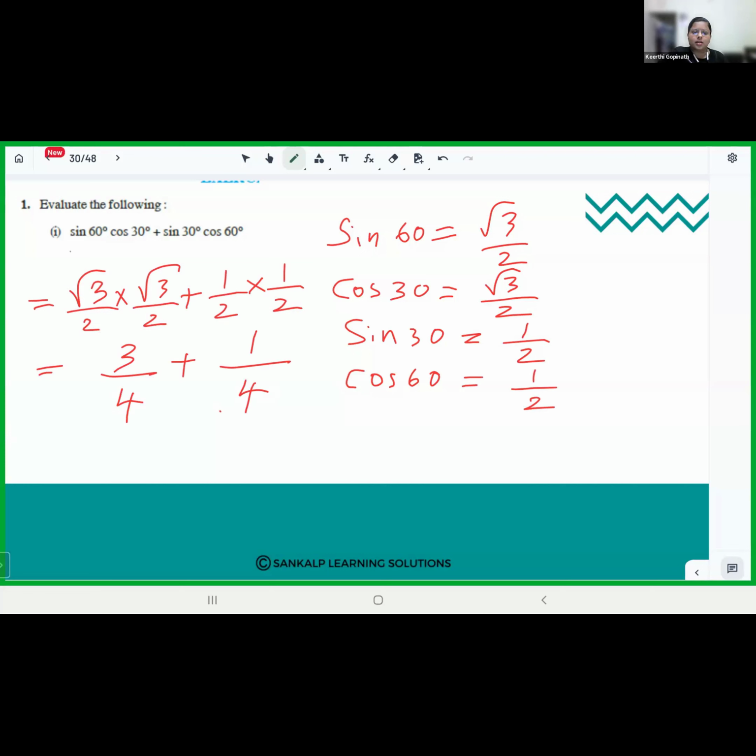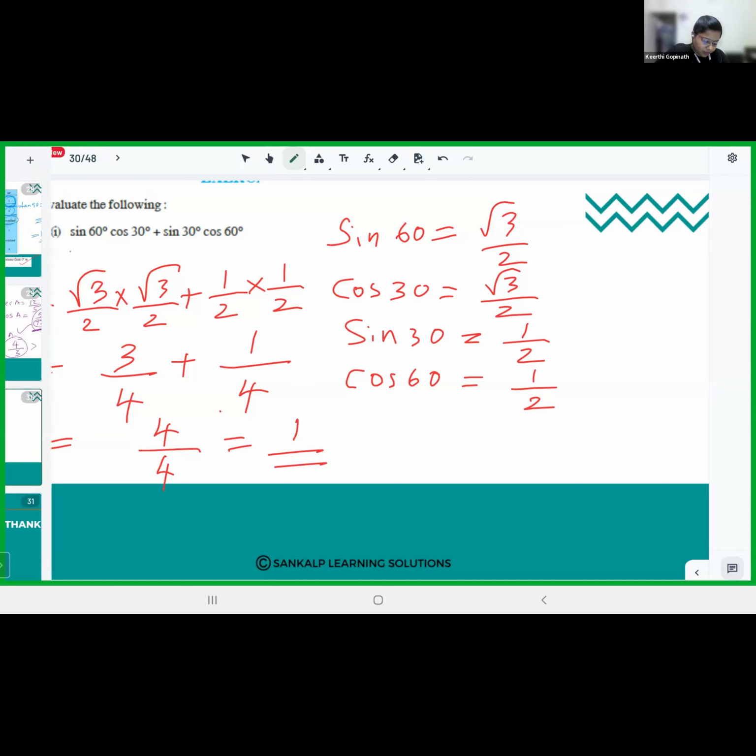Denominators are same, so you can add the numerators. So 3 plus 1 will give you 4. 4 by 4 is equal to 1. So we got the value for the first question. I hope this is clear to you all.